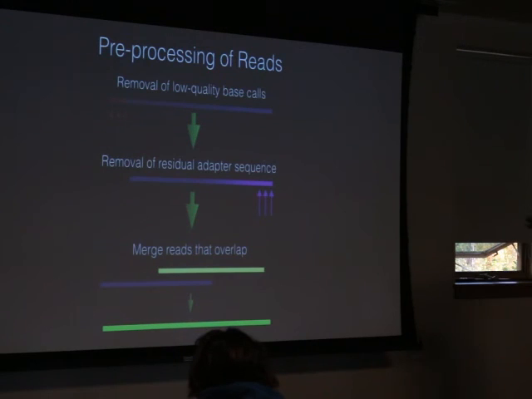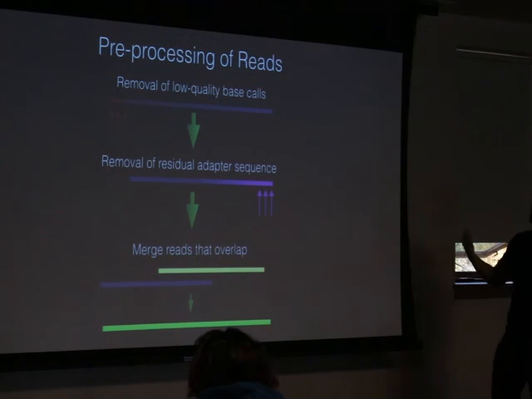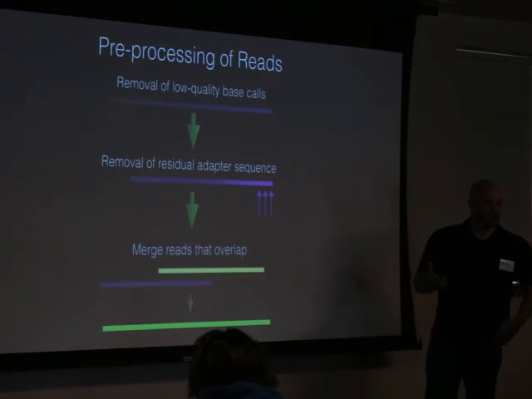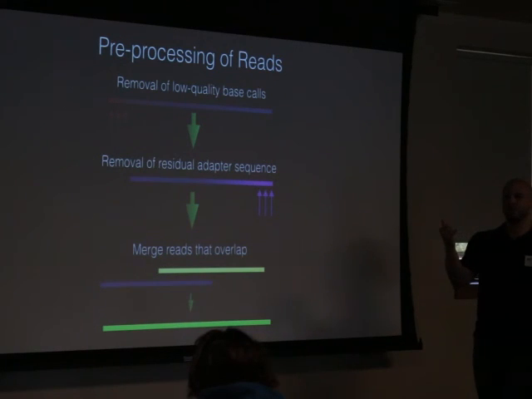Once that's done, often the next step includes something like removing residual adapter sequences. Adapters are things that have to be tacked onto the reads. You prepare your library, you fragment it, you tack these adapters on, and then you do some other stuff and you send it off for sequencing.